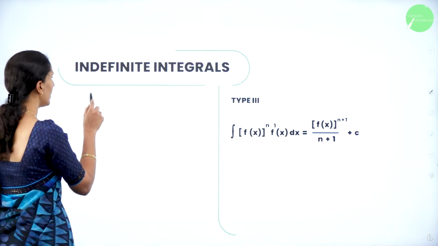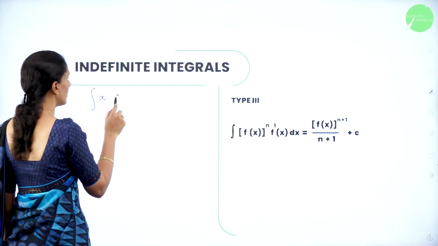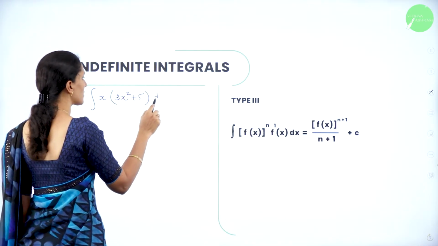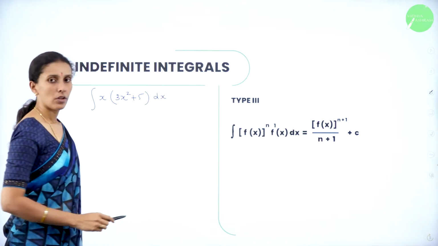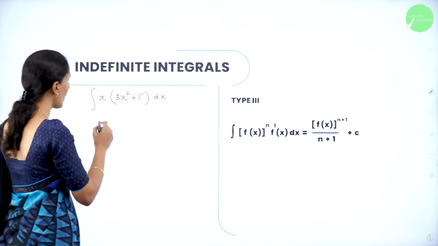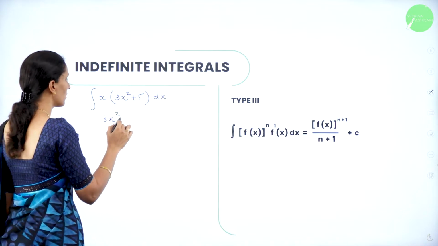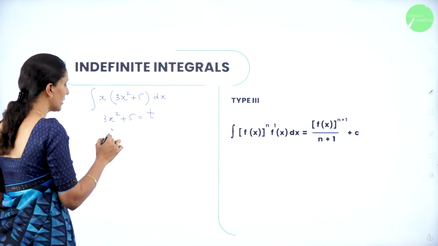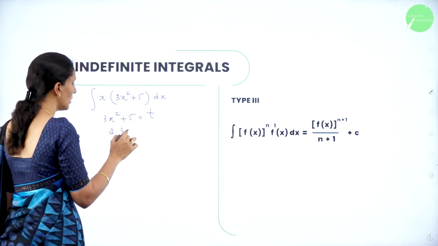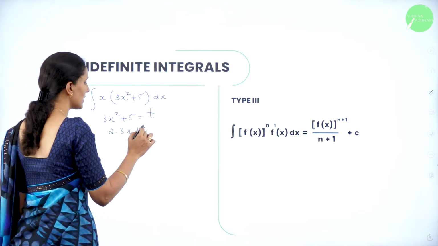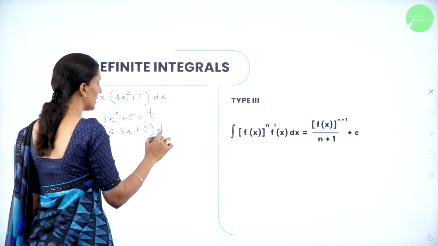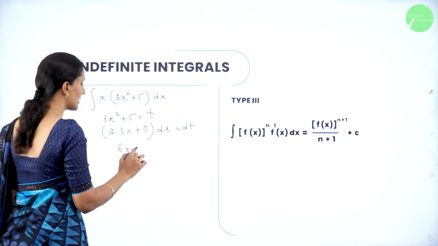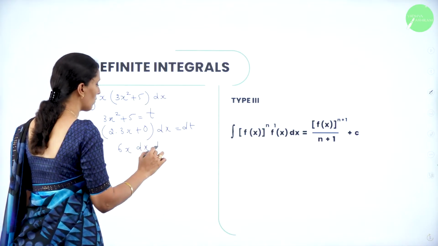Suppose I take integration of x into 3x square plus 5 dx. So now put 3x square plus 5 equal to some t, then differentiate it. It becomes 2 into 3x plus 0 into dx is equal to dt, or I can write 6x dx is equal to dt.